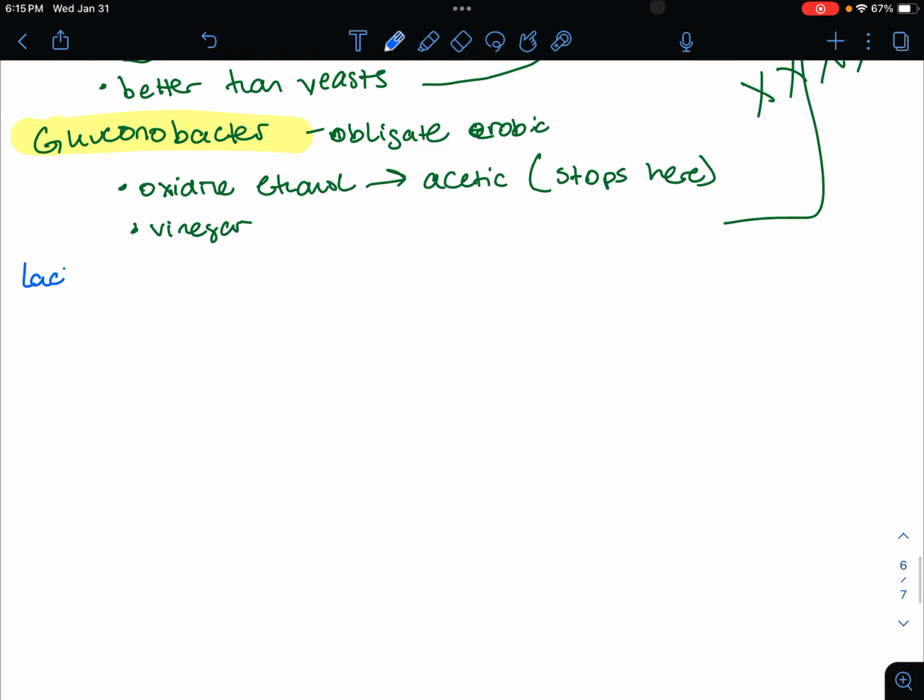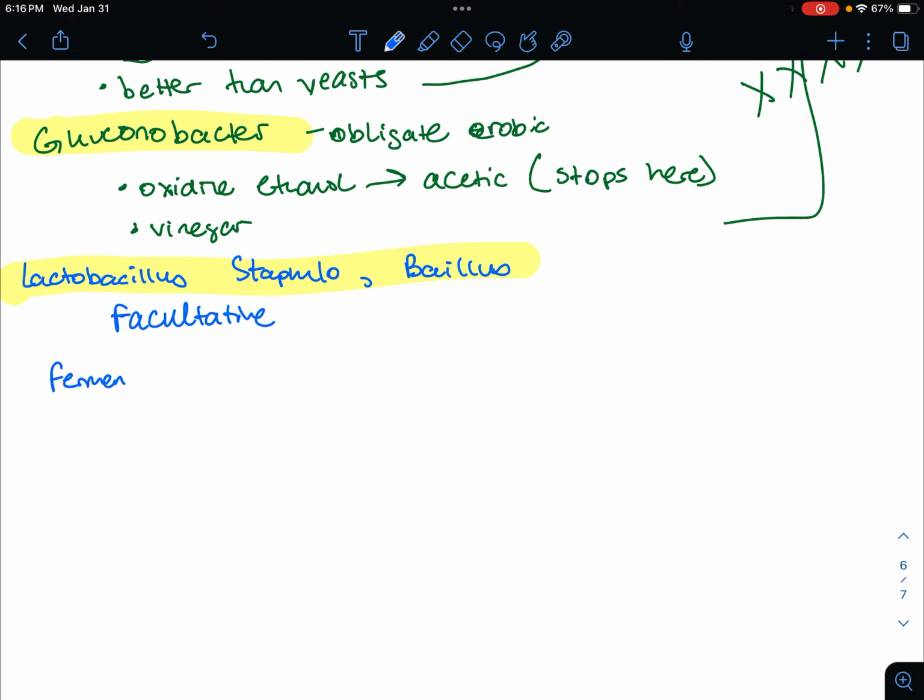So Lactobacillus, Staphylococcus, not Streptococcus, and Bacillus. They could grow in the absence or presence of oxygen, making them all facultative. We could ferment simple sugars into some products here.